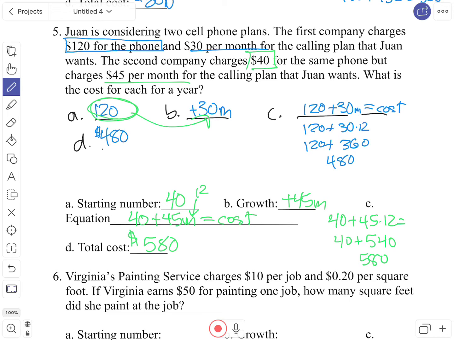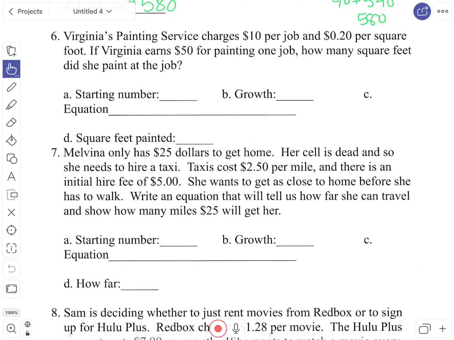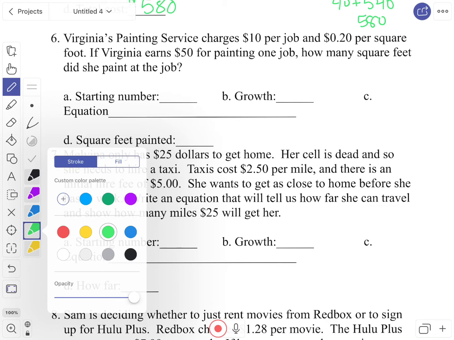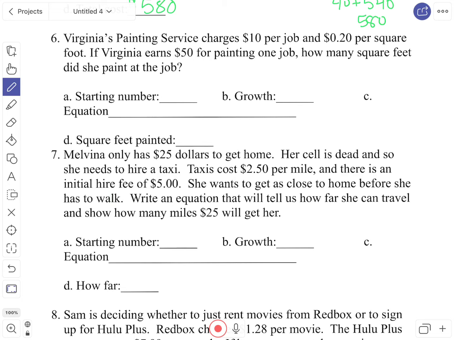All right. Number 6, Virginia's painting service charges $10 per job and 20 cents per square foot. If Virginia earns $50 for painting one job, how many square feet did she paint at the job? So just to do the job, she charges $10.